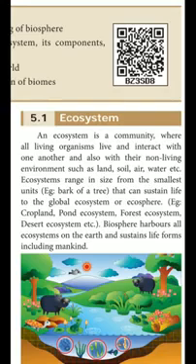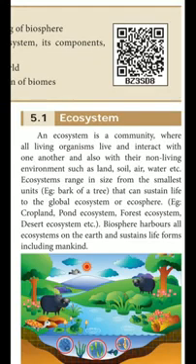An ecosystem is a community where all living organisms live and interact with one another, and also with their non-living environment such as land, soil, air, water, etc. Here, both living and non-living components interact with one another along with the environment such as land, soil, air, water, etc.